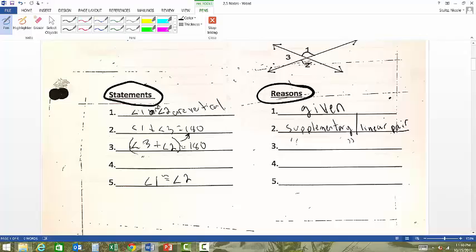Angle 3 and angle 2 make 180, so in this equation, I can erase the 180 and replace it with the expression. And that's exactly what I'm going to write in step 4. Angle 1 plus angle 3 equals angle 3 plus angle 2. And keeping in mind, what we did is we plugged in an expression for a number, and that would be our substitution property.